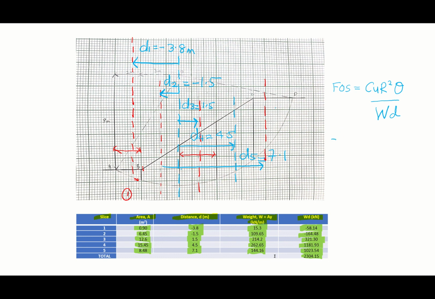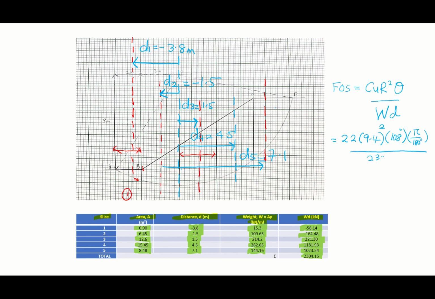Cu is the information from your question, and R we have calculated earlier using the Pythagoras theorem. That will be 9.4 squared, and theta we get from the protractor, which is 0.108 degree, but this you need to convert to radian, so multiply by pi over 180, and then divide by WD, which we have calculated using the table.